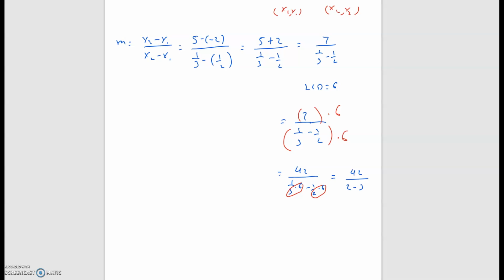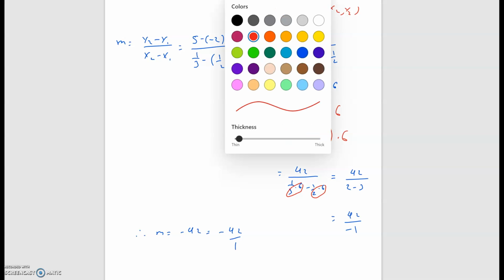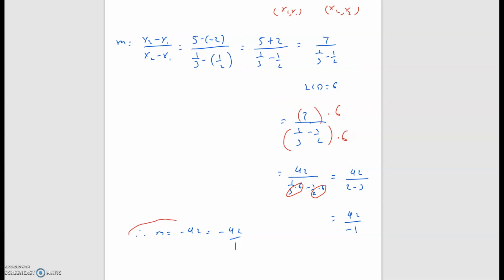And that's actually it on this one. You're going to end up with 42 over 2 minus 3 is -1, or the slope is equal to -42 or -42 over 1. I'm just going to circle the first one, since that would be okay to actually express it as.